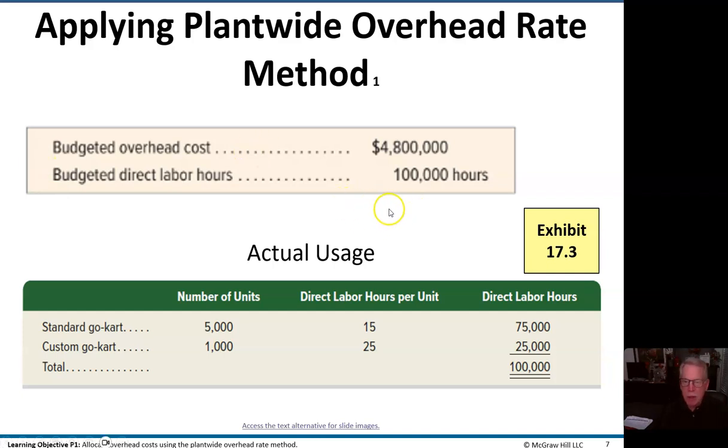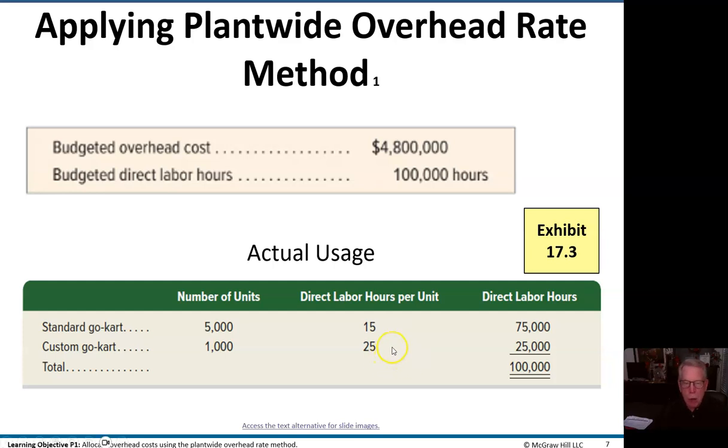So we divide, and then our actual usage. Okay, now we're into actuals. We're making go-karts here. So our standard go-kart, we make 5,000 of the little beauties. They use 15 direct labor hours per unit.